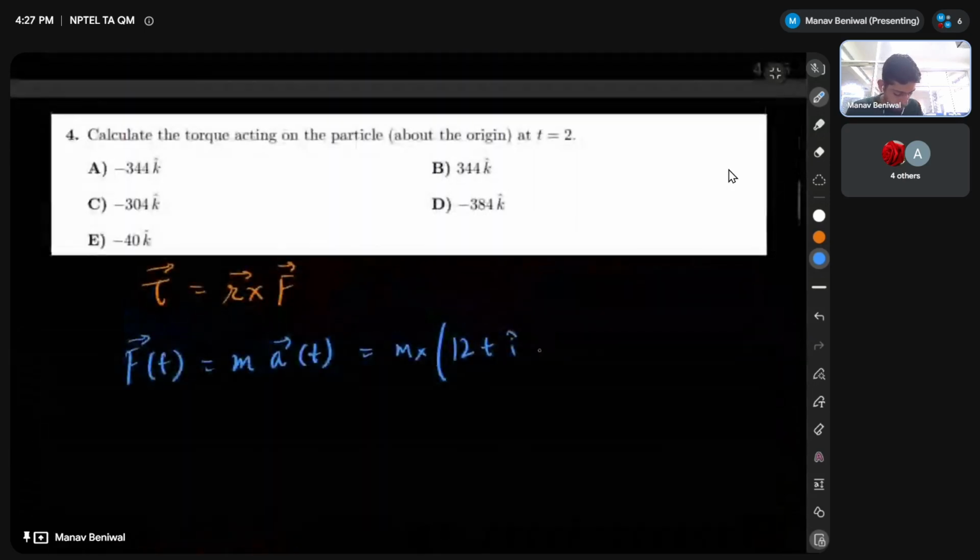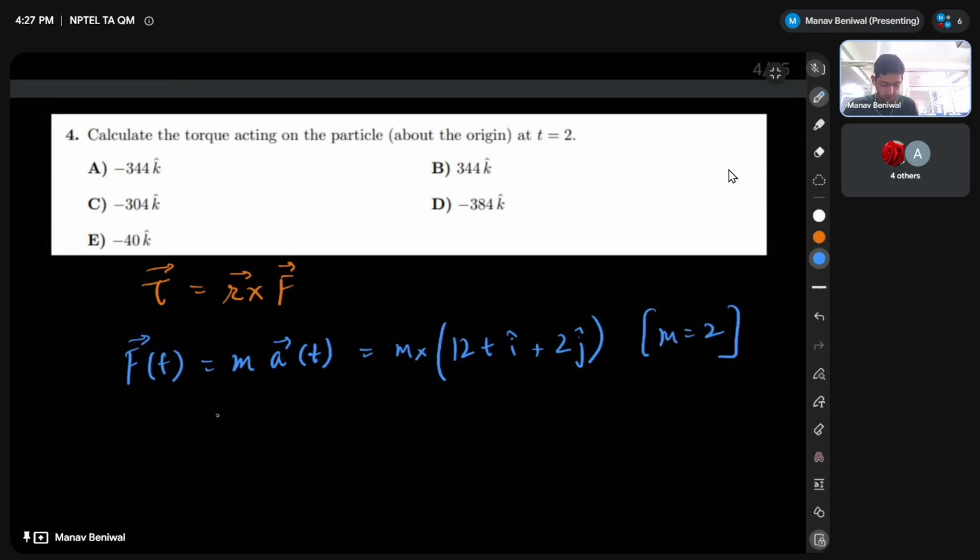12t i cap plus 2 j cap. Okay. Now my m is 2 units. m is equal to 2 units. So my force then becomes 24t i cap plus 4 j cap.